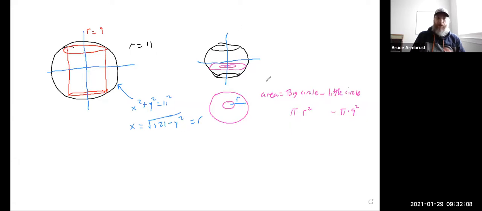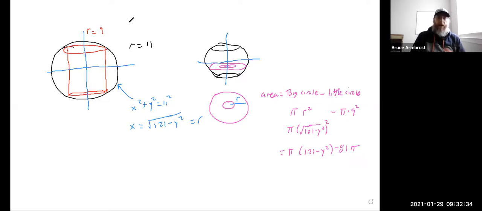So we'll go ahead and put that in. So this is going to be pi times the square root of 121 minus y squared, squared, which of course the square root goes away. And so here is the cross-sectional area, the area of that washer, depending upon what the y is.